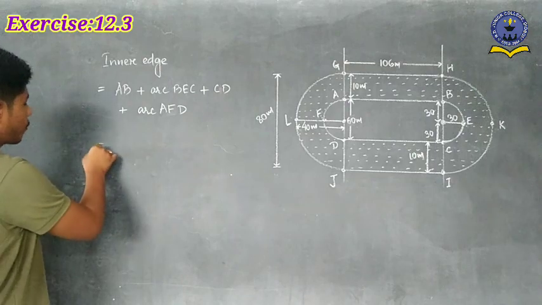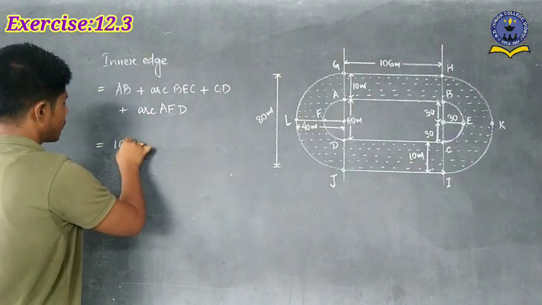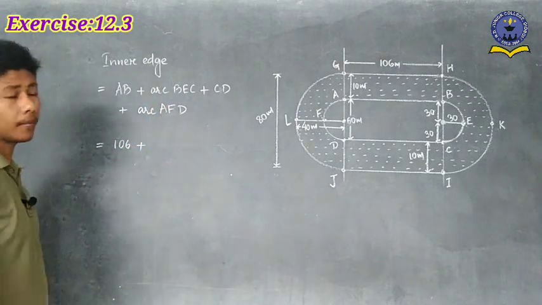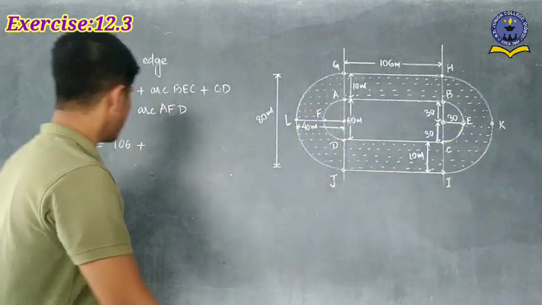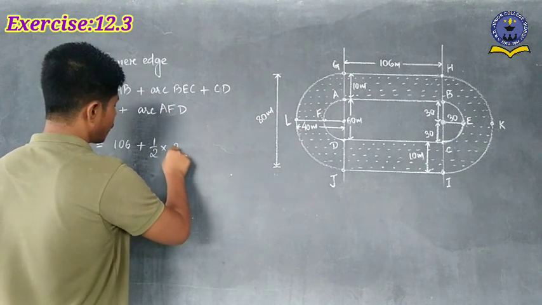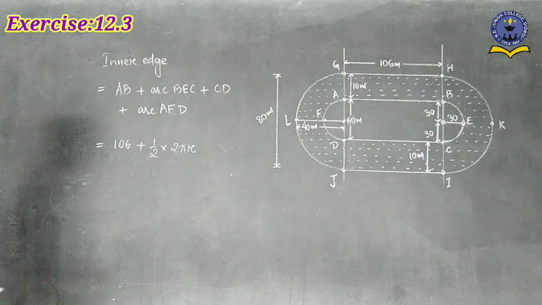Now one by one you have to put the value. AB length. What is the length of AB here? 106 plus arc BEC. That means circumference of a semicircle we need. So that's all what you have to write here: semicircle, half into twice pi r. I think all of you understood this one.